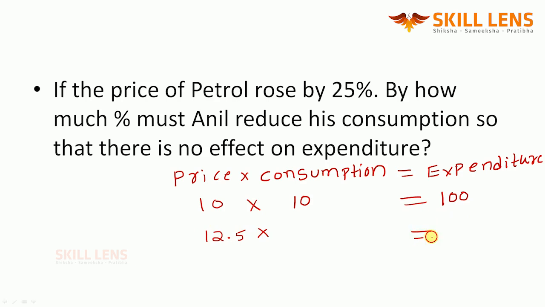So you need to understand, if the price increases also, my father will give me the same 100. That's where there is no effect in expenditure, because he'll give only 100. Now tell me how many liters you will get, which is 100 by 12.5. This is where your calculations will help you.